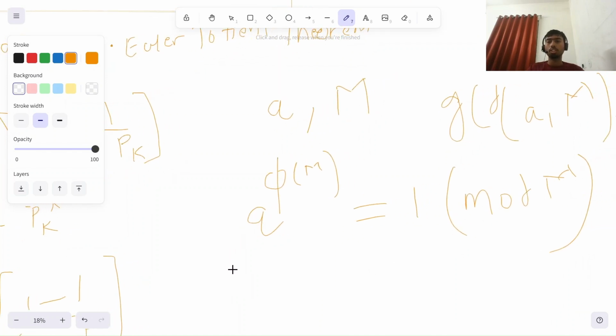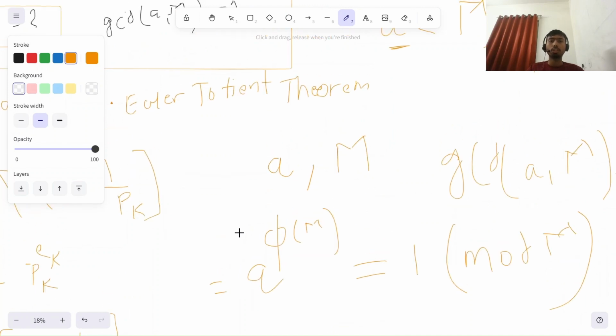This is the statement given by the Euler-Totient theorem.